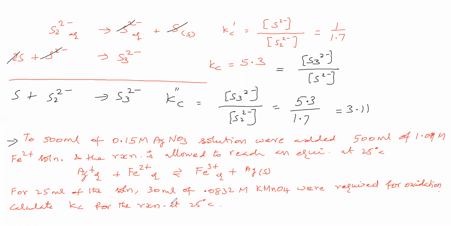Now, silver nitrate is given. How much? 500 ml of 0.15 molar. We multiply the volume in milliliters with the molarity, and we get millimoles of silver nitrate.